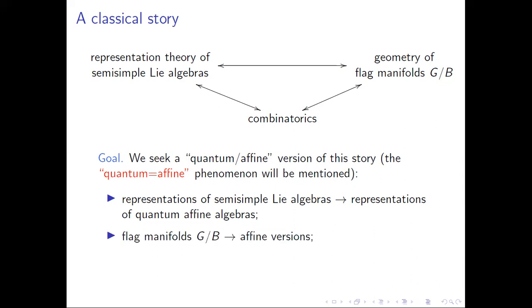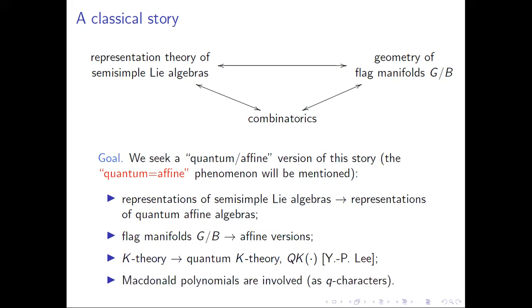Then we want to replace flag manifolds G mod B with their affine versions. So I will make this more precise. Then I will also replace K-theory with a quantum version called quantum K-theory, due to Yuan-Pin Li, which attracts now considerable interest. And in the story, the Macdonald polynomials are involved, and they will arise as Q-characters.